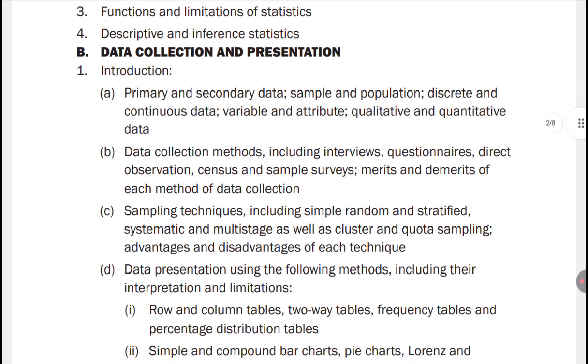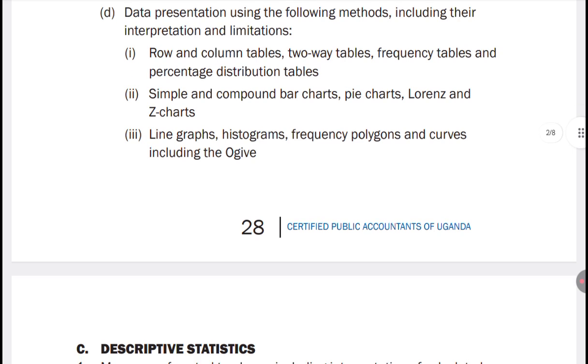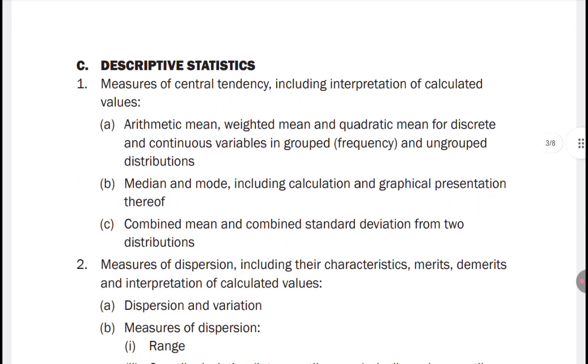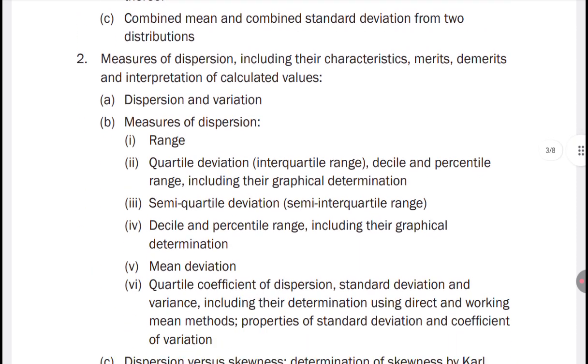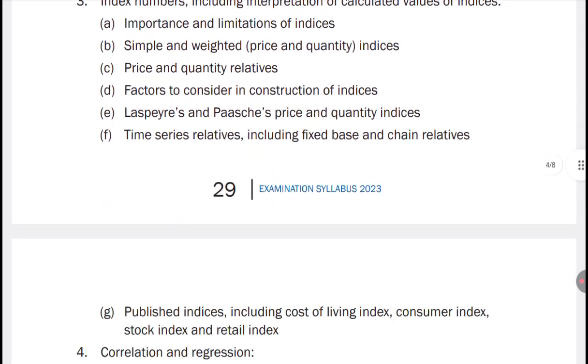Of course, within the data presentation and collection, we shall look at the different aspects as you can see them.